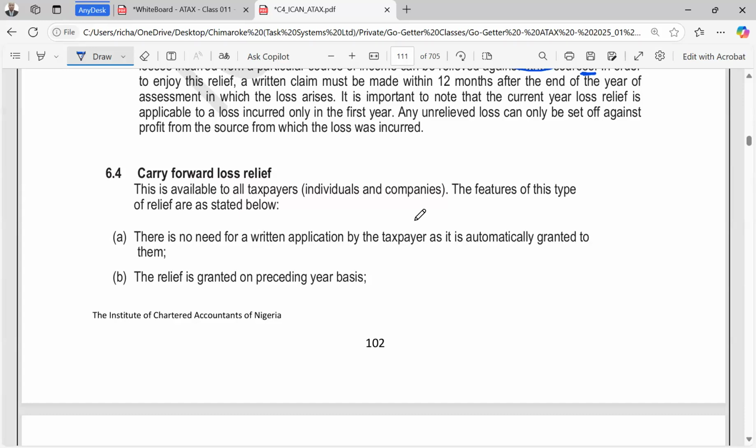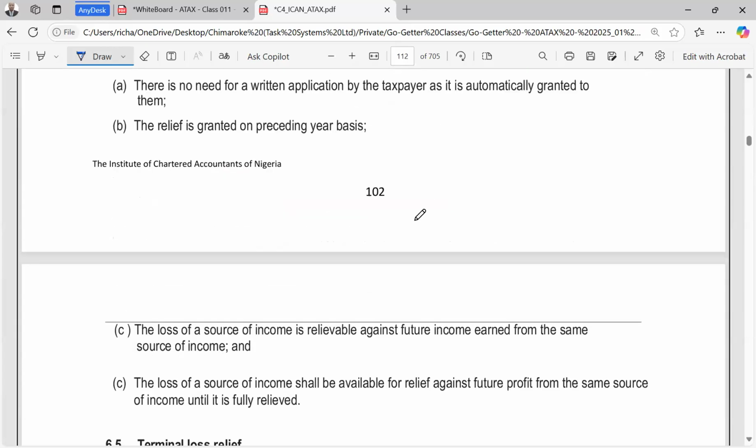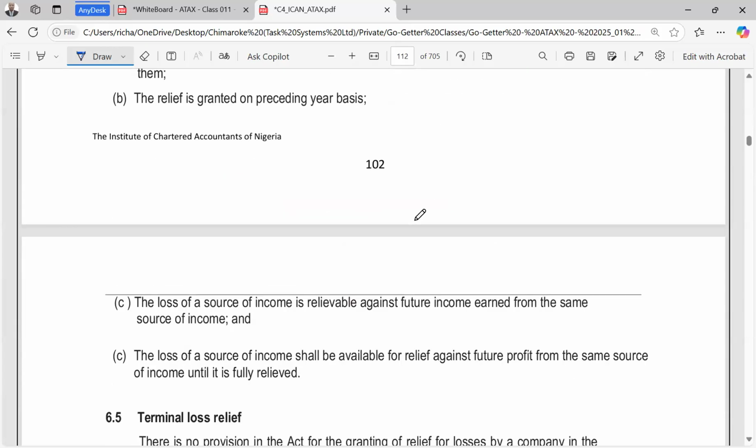And the second part says the relief is granted on preceding year basis. Thirdly, the loss of a source of income is relievable against future income in the same source of income. So when you are carrying forward your trade income, it must be relieved from income from trade and never from agri business or from rental business.